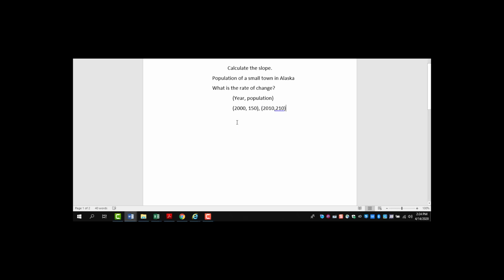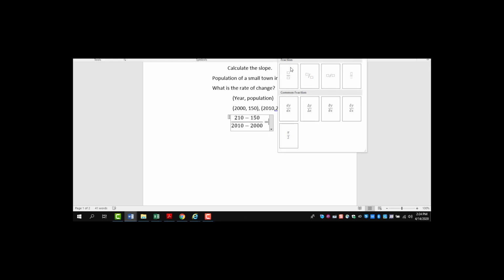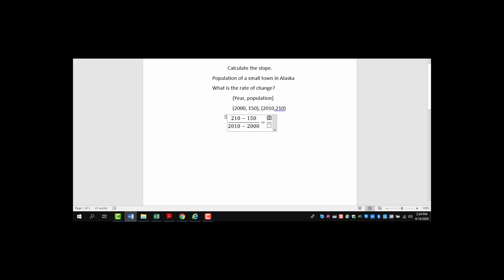So I can go 210 minus 150 over 2010 minus 2000. And that's going to equal 60 over 10.